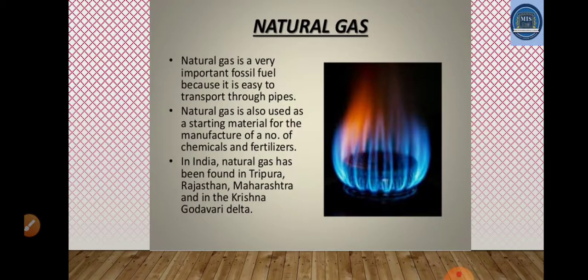Students, nature has given us many things: coal, petroleum, natural gas. These are the three main fuels which we obtain from nature. But are we using them properly? The question is this: nature is giving it to us, but will nature be able to give us at the pace with which we are using it?